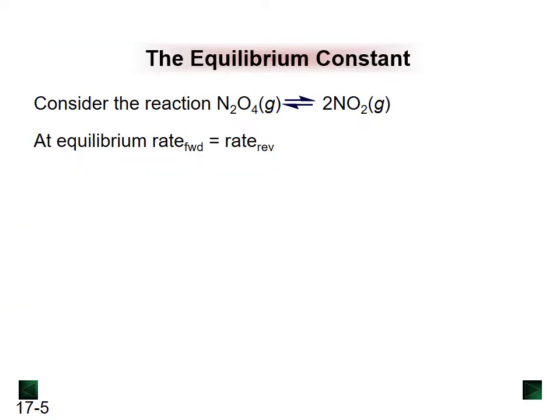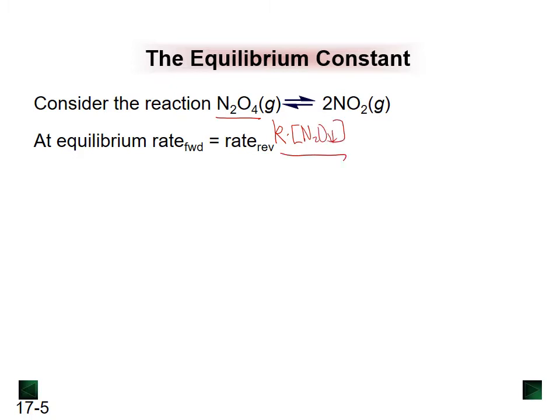In kinetics, we know that reaction rate is determined by concentration. We'll talk more about kinetics in later chapters, but here let's assume the forward reaction is a first order reaction, so the reaction rate is a constant, called the rate constant, multiplied by the concentration of the reactant, in this case N2O4.